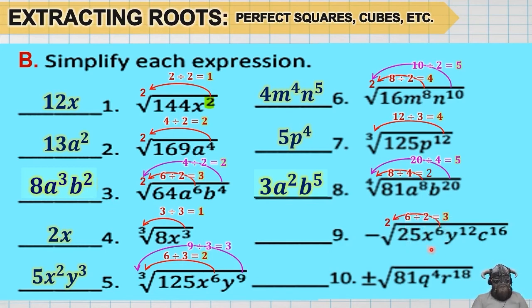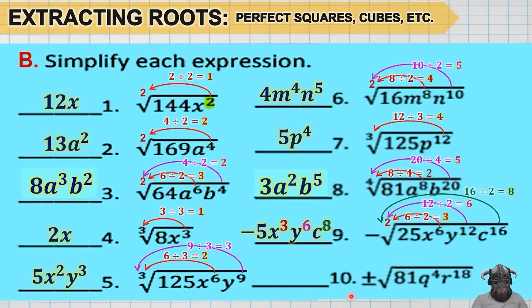So 6 divided by 2, that will be equal to 3. 12 divided by 2, that will be equal to 6. And 16 divided by 2, that will be equal to 8. Yan yung magiging exponent ng ating x, y, at c. So, the answer will be negative. So, wag niyo po lang kalimutan, dapat may negative. Doon kasi sa question natin, it's negative square root of. So, negative 5x cubed, y raised to 6, c raised to 8.